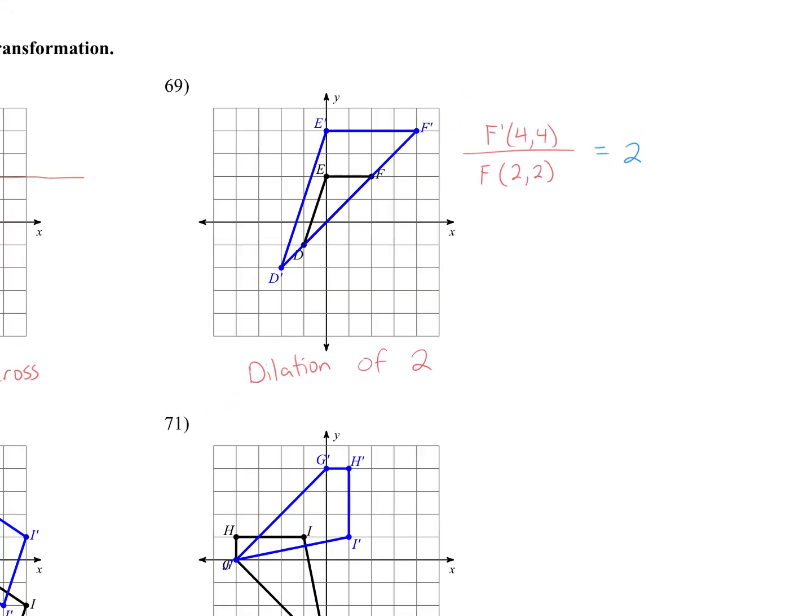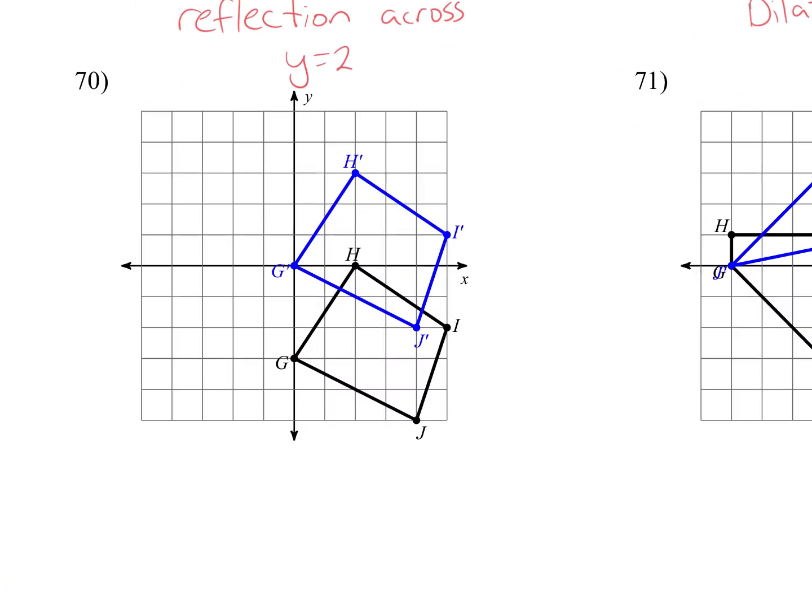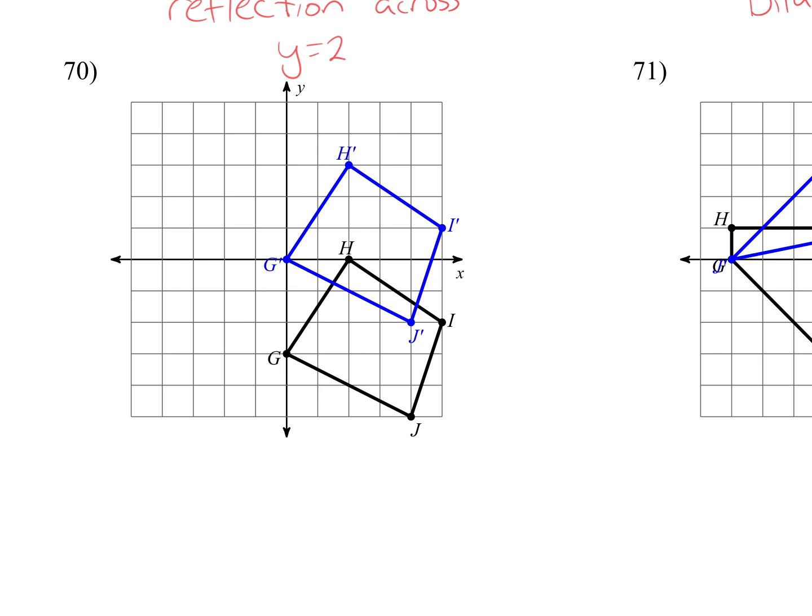Okay, last two. 70. What's happening on number 70? Translation. How do you know this one's a translation? It's just a sliding track. All it's doing is just moving across the graph. Translation by how much, or what's happening? Translation 3 units up, or up 3. How would I write that in this form? Hint, hint, this is on your IXL.